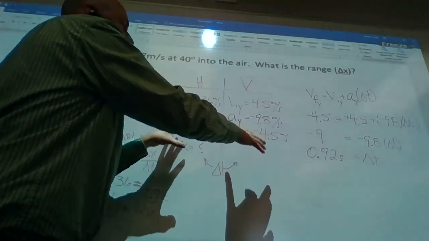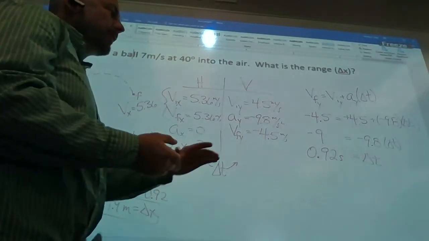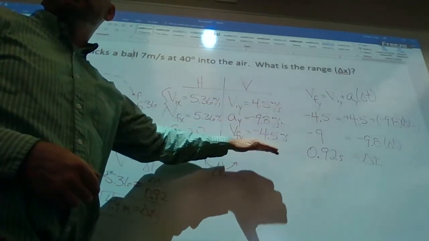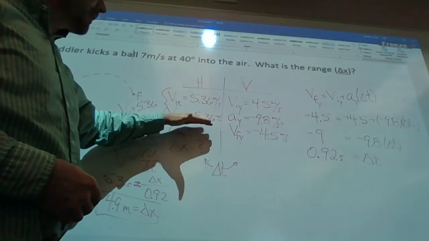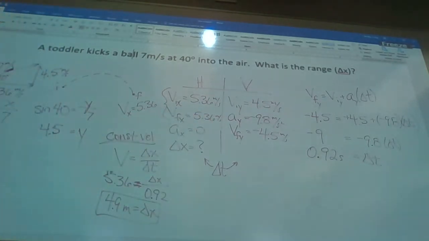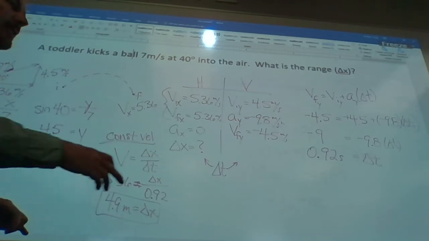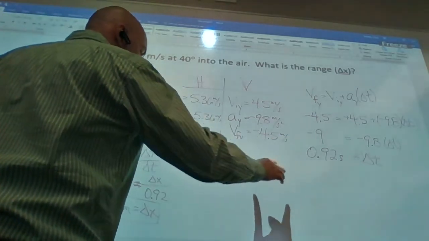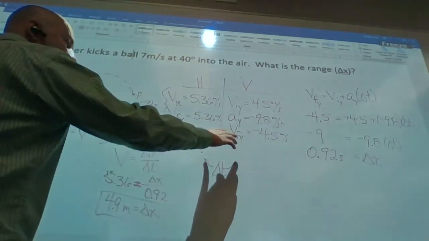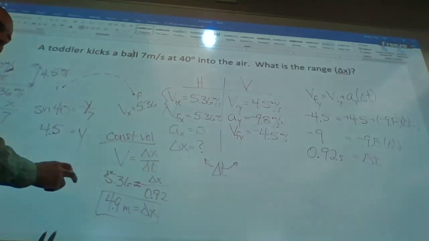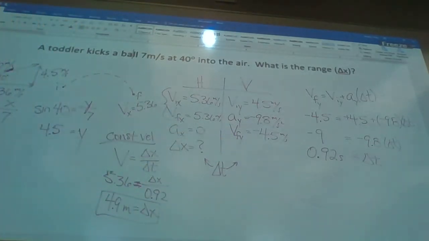Then to fill in the rest of the variables, you're using free fall and the idea that there's constant velocity in the horizontal direction. Find time. Use time that can dance between the two sides to figure out your missing variable. Big picture.